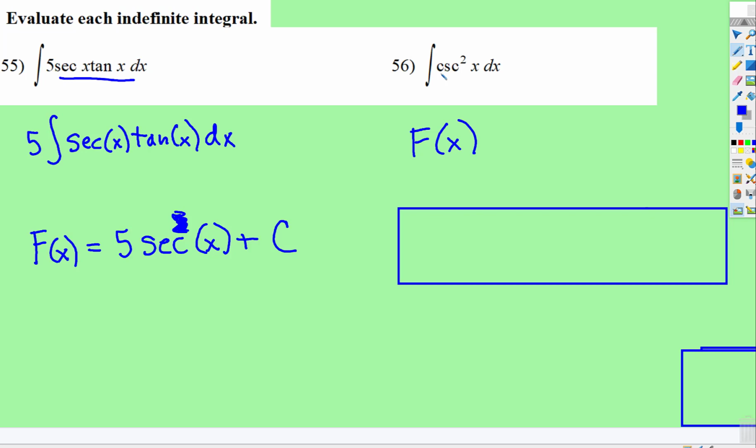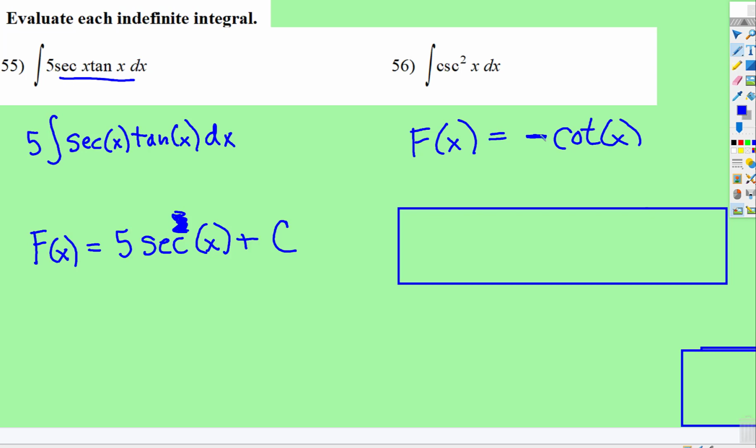If this would have been negative cosecant squared, our answer would have simply been cotangent. But because there's not a negative sign, it's the opposite, so that becomes negative cotangent, just like that.